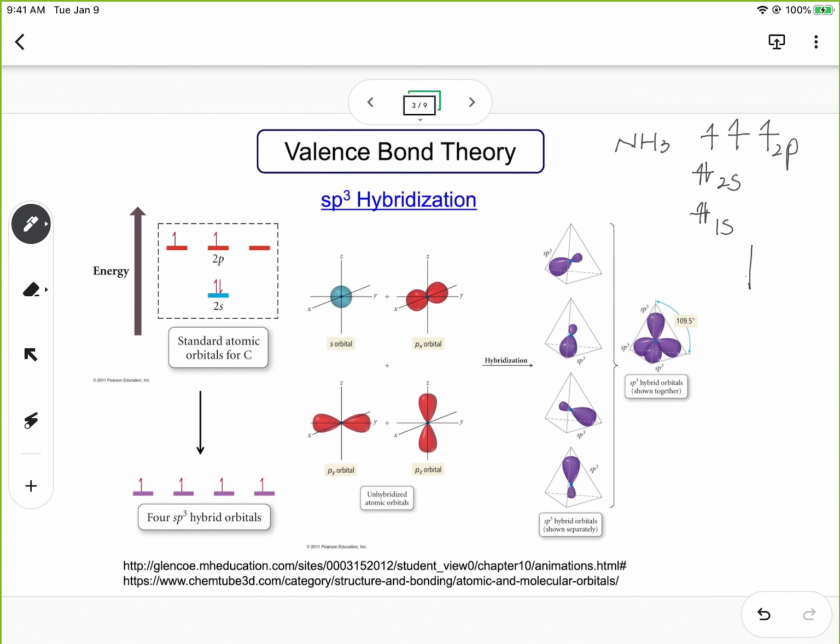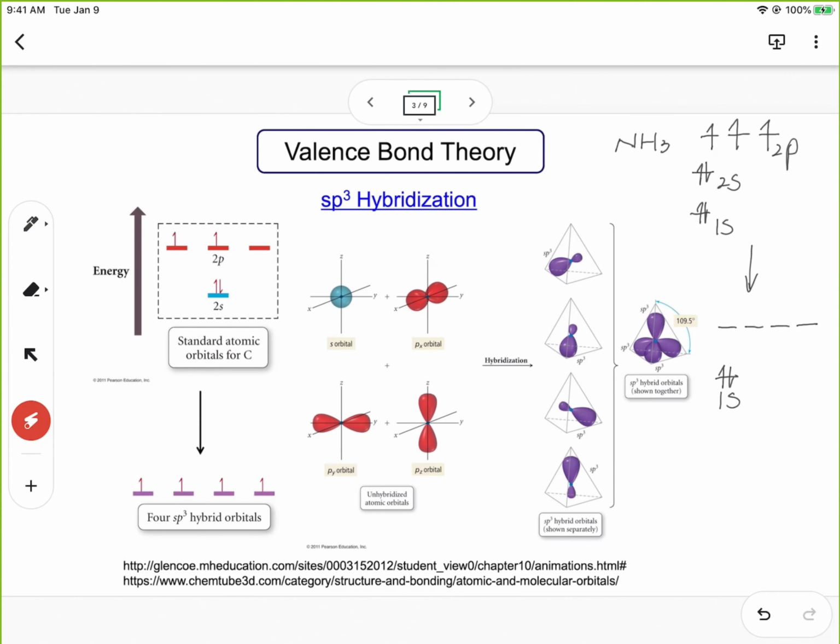In other words, 1s will stay the same, but the 2s and 2p orbitals will form four identical orbitals.